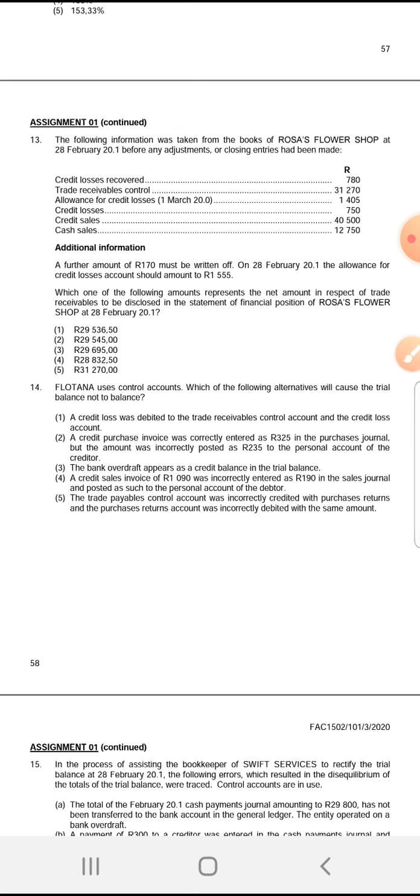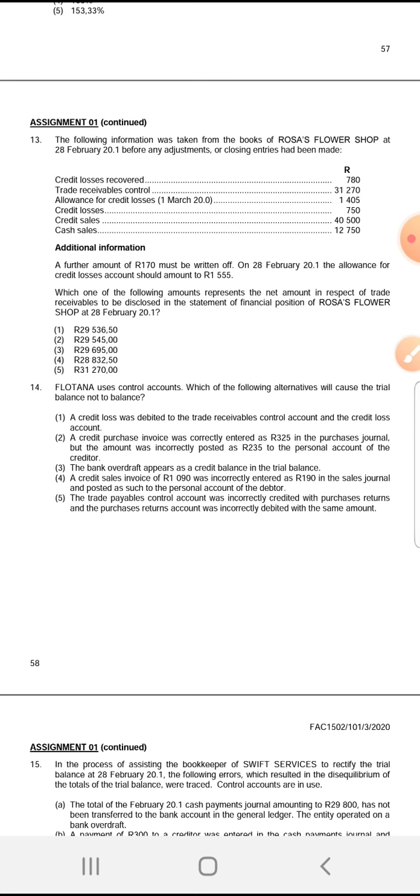Okay, guys, here we are given the information before any adjustment, meaning all the amounts here were final before adjustment. If the trade receivables have already been reduced by the credit losses recovered and the allowance for credit loss has already been adjusted, there's no need to do that again.